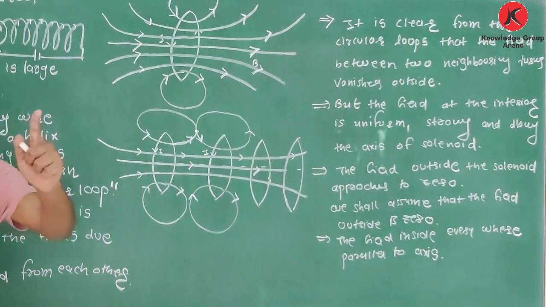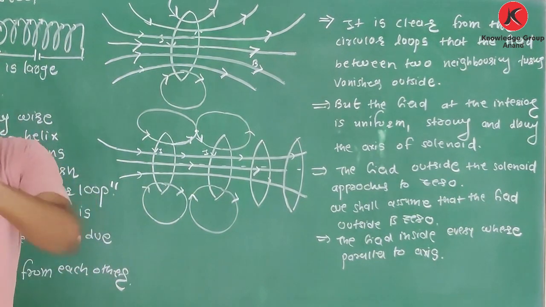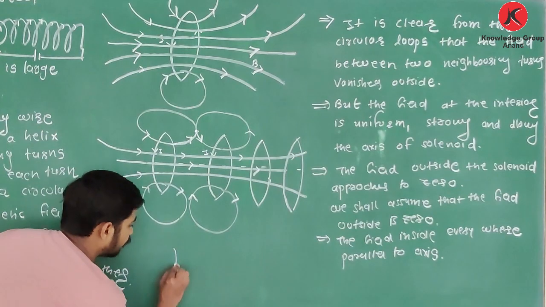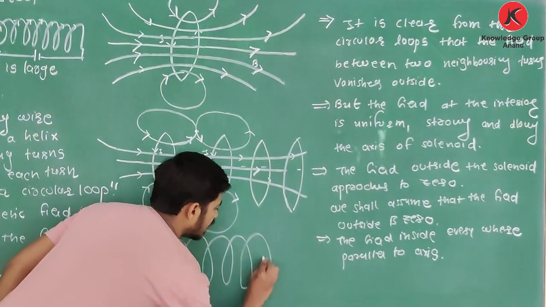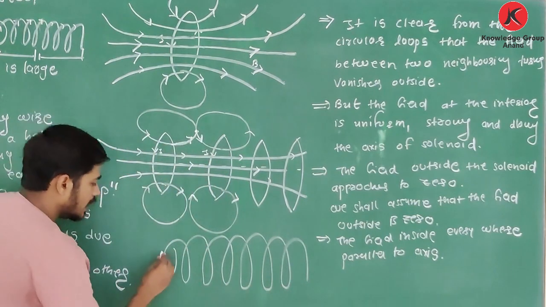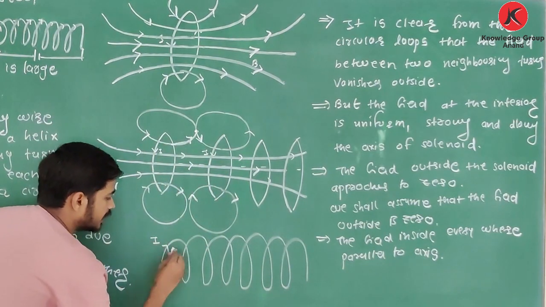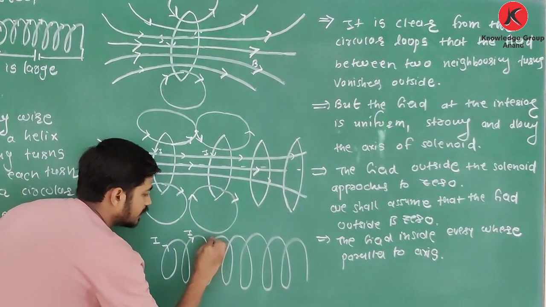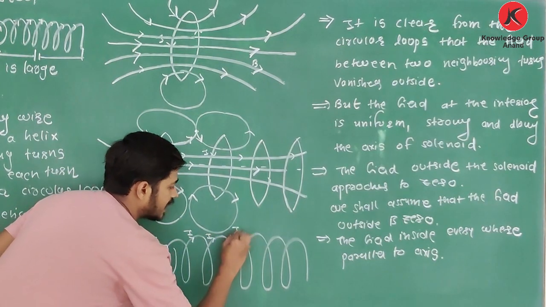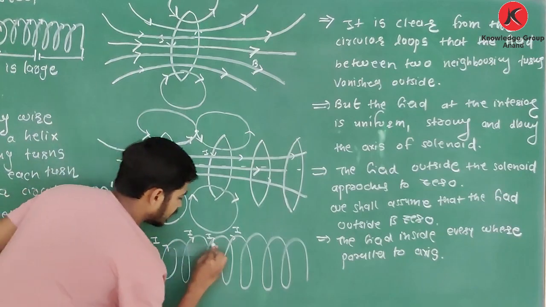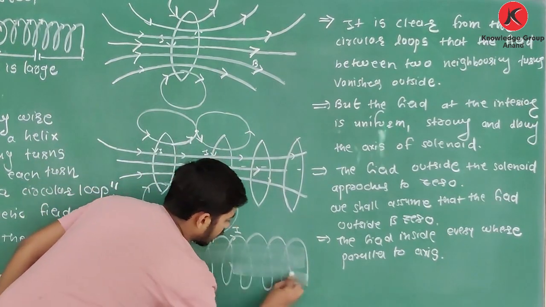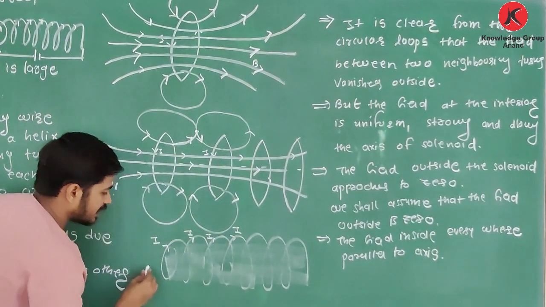So what is the conclusion of this theory? If I have one solenoid like this, current is flowing in this direction, in each and every turn. Then the magnetic field is only in this interior part.